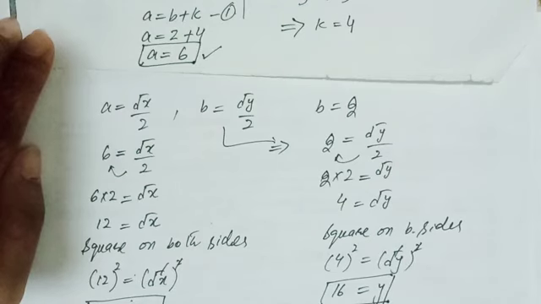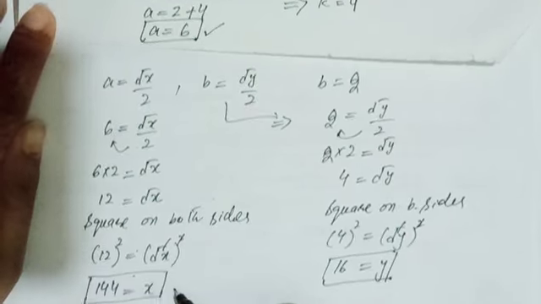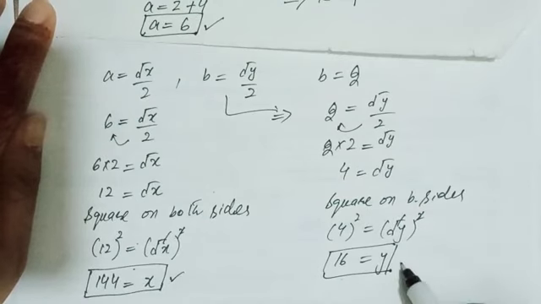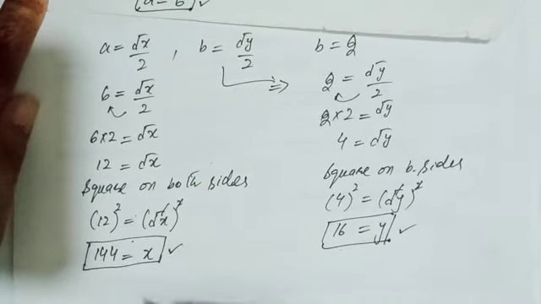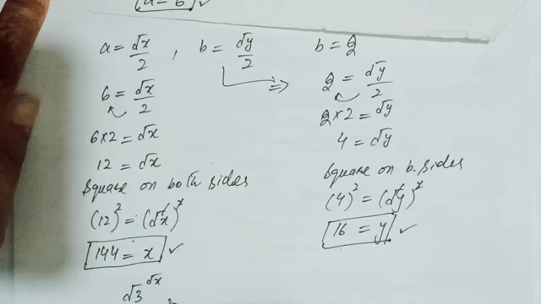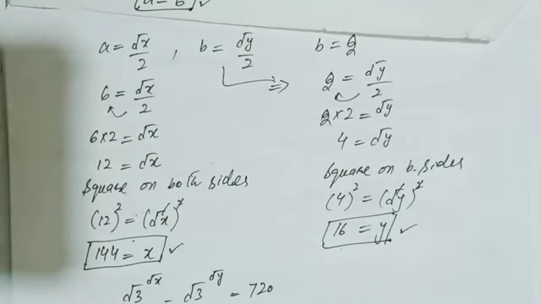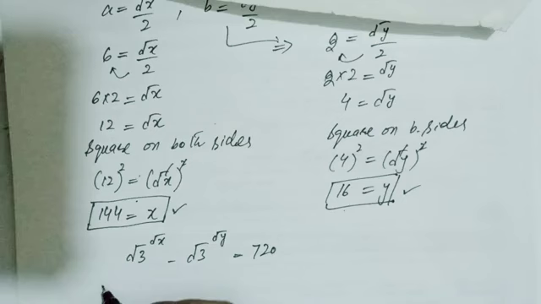So what was our question? We have found the two values, x is equal to 144 and y is equal to 16. What was our main equation? The main equation was square root 3 to the square root x minus square root 3 to the square root y, which is equal to 720. Now we are going to check our values.